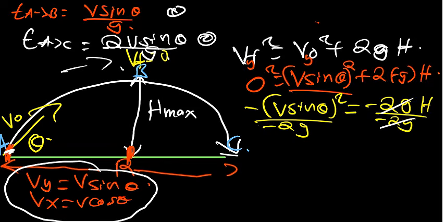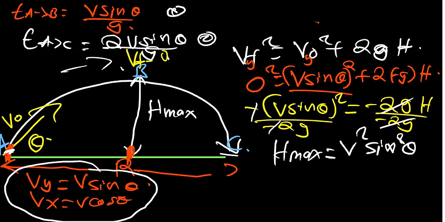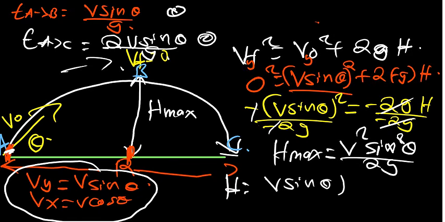We're going to have our H max equal to, I can distribute this V, V squared sine squared theta divided by 2G. But even if you use this directly, it's going to give you the same answer: V sine theta, squared, divided by 2G. So this is the third formula for the second trajectory. Unless you have questions. Do you have questions?